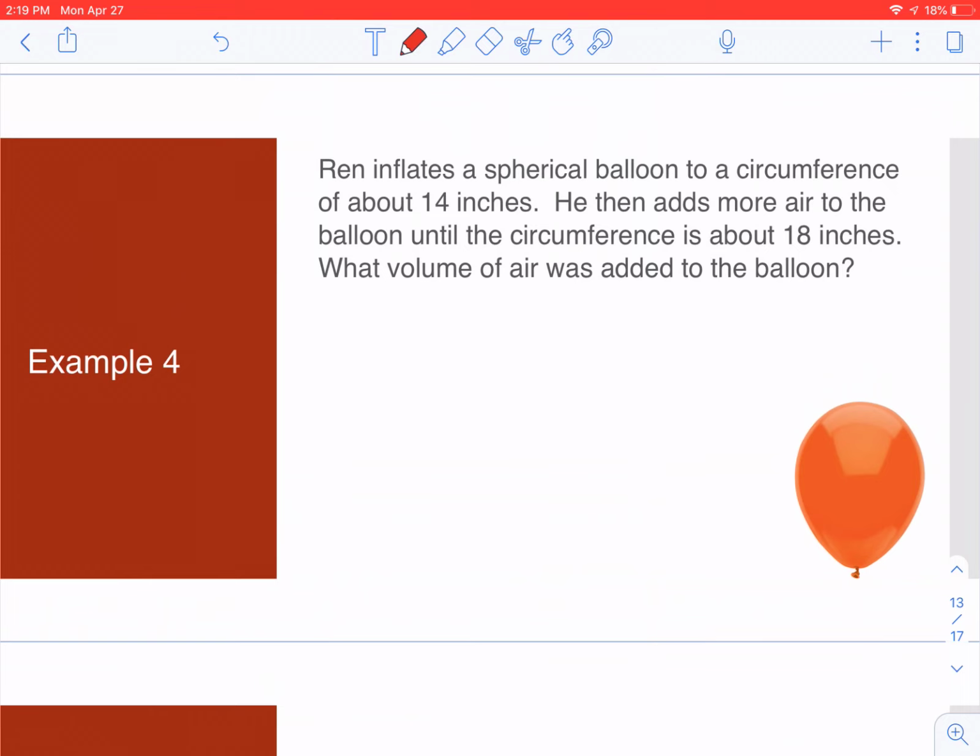So we have a balloon here. Okay, we're going to find the volume that was added. So what we need to do first is find the volume for 4/3 pi r cubed.